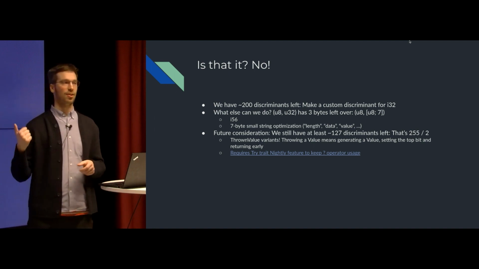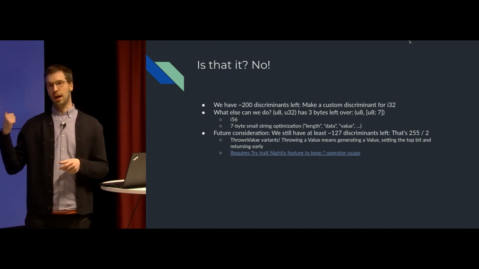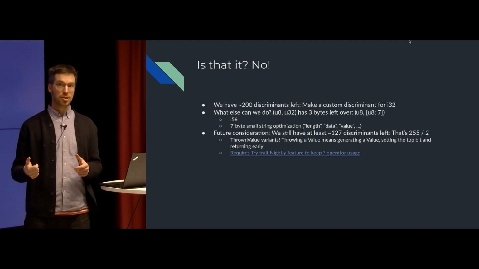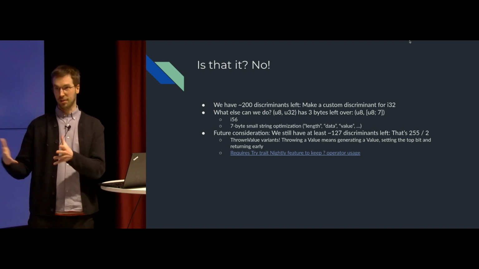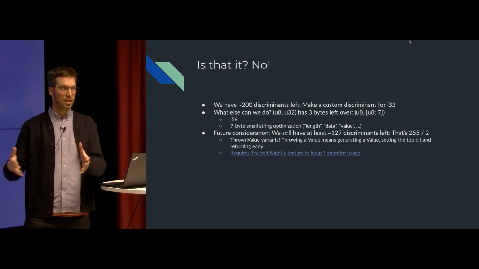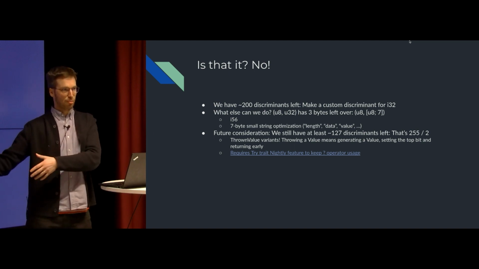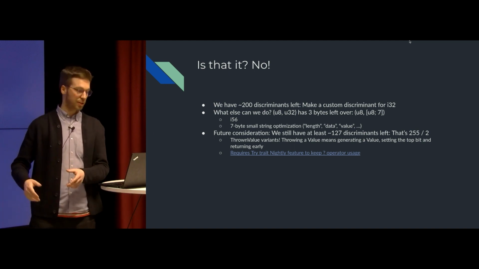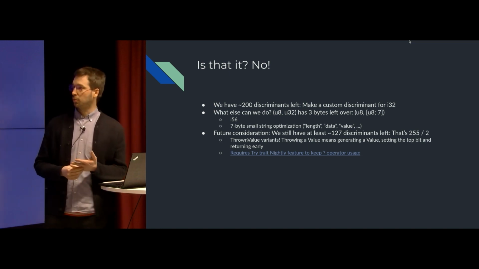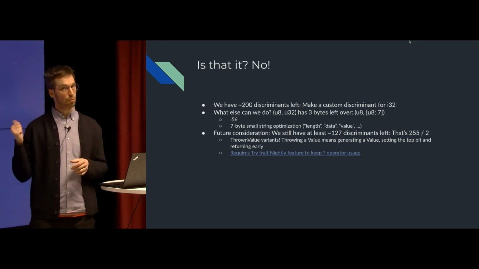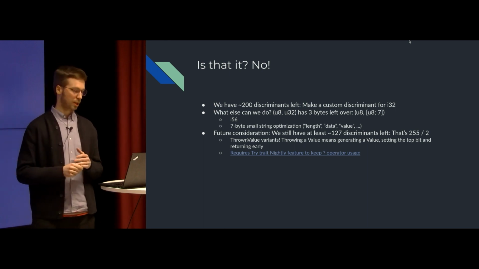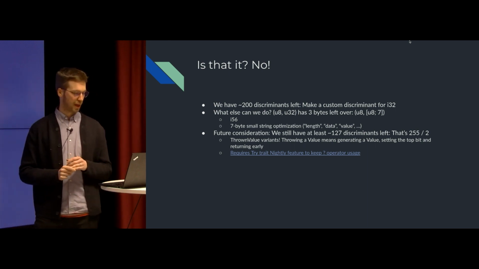Unfortunately, this means that our code, when we're writing it in Rust, we can no longer use the question mark operator. You can't just do an enum that has the question mark operator defined on it, except with the nightly try trait. I would want to use that, but we're not using nightly, so we can't do that right now.